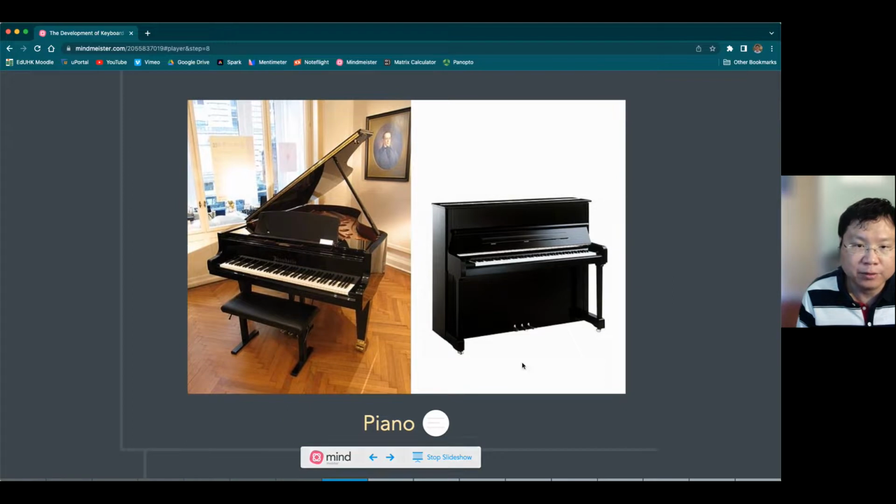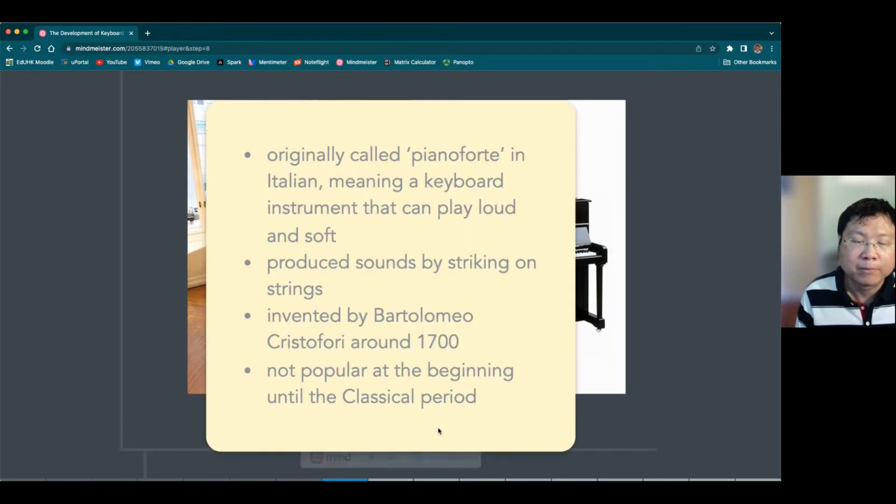Next, the piano. I think many of you are playing the piano as an instrument. It was originally called pianoforte, meaning a keyboard instrument that can play loud and soft sounds by striking strings. It was invented by Bartolomeo Cristofori around 1700. However, it was not popular until the classical period.